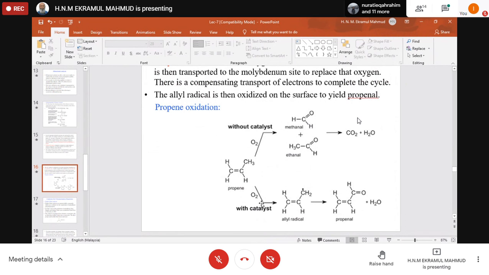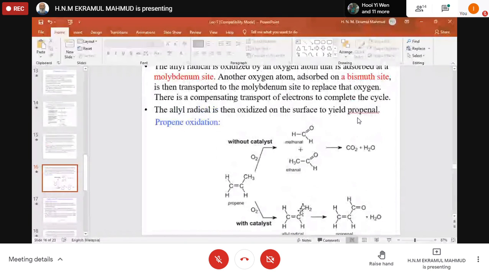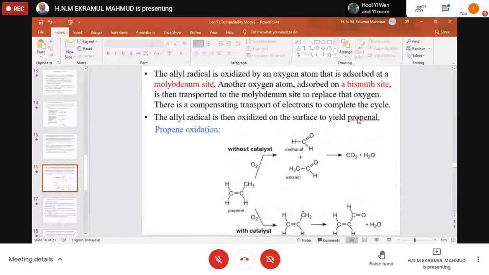Without this catalyst, it will form methanol, ethanol, and carbon dioxide, which is not our desired product. But with this, we have two types of catalysts joined together, molybdenum oxide and bismuth oxide.